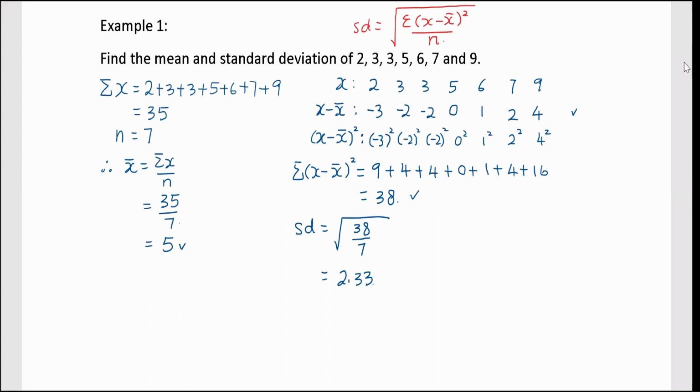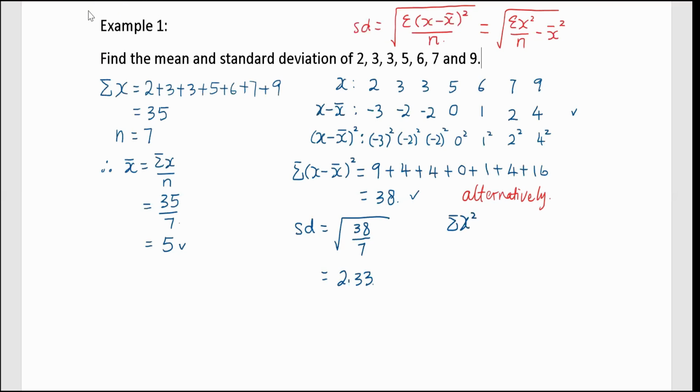Alternatively, we can use the second formula to find the standard deviation. Let me write down the formula here: square root of sigma x squared divided by n, minus x bar squared. Now we try to find sigma x squared.